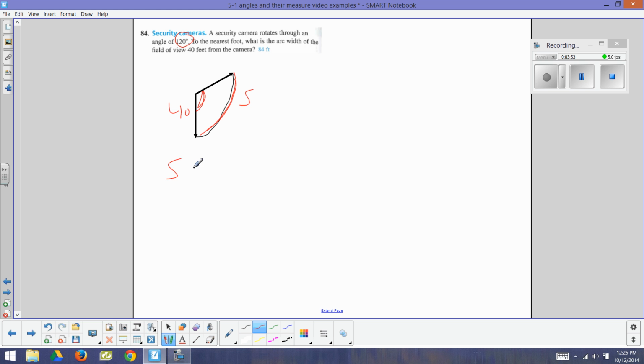So again, S is equal to theta over 360 times 2 pi r. So S is equal to 120 over 360 times 2 pi, and my radius is 40. So pick up your calculator and plug in what you know there. We have 120 divided by 360 times 2 times pi times 40.